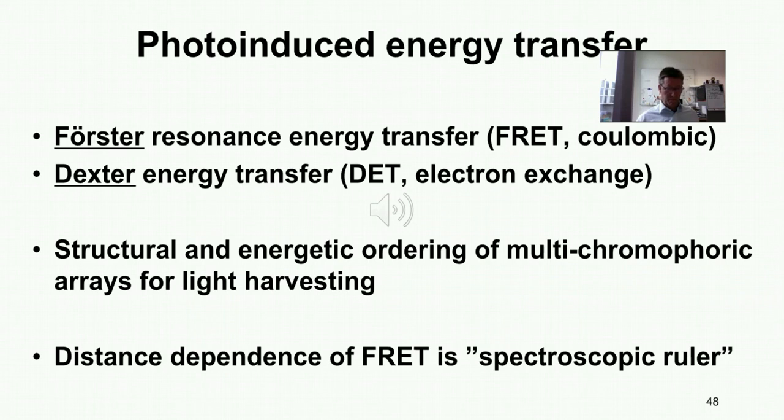Especially Förster resonance energy transfer has many applications in biology, where it is used as a spectroscopic ruler, giving information about proximity of two different proteins. Okay, so this is my contribution about energy transfer.